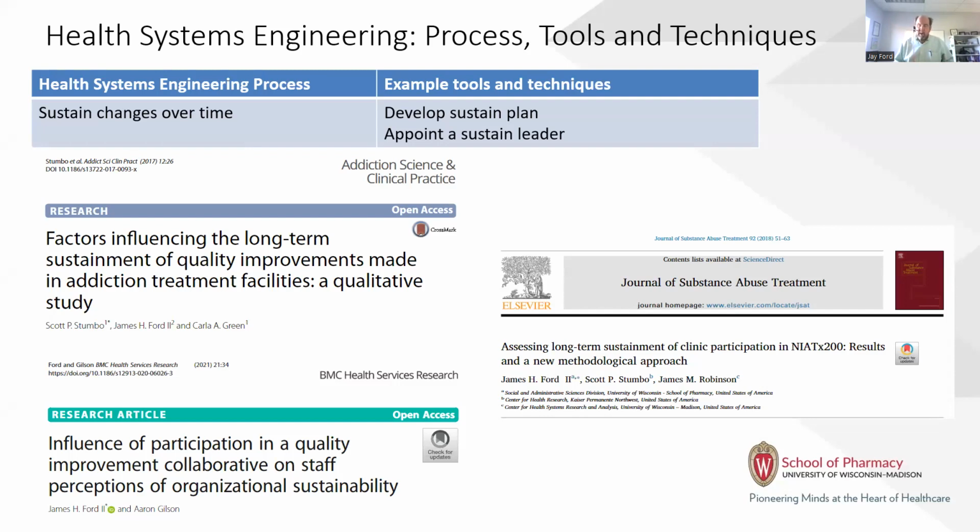However, what I've found is that sustainability really is a tough nut to crack in this field. And I think it's still a generally untested area of D&I research where we know a lot about the organizational attributes that support sustainability, but we don't know what implementation strategies or innovations are really needed to help support the sustainment of the changes over time.